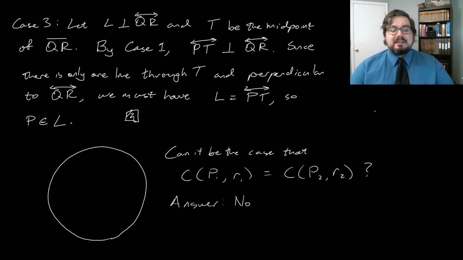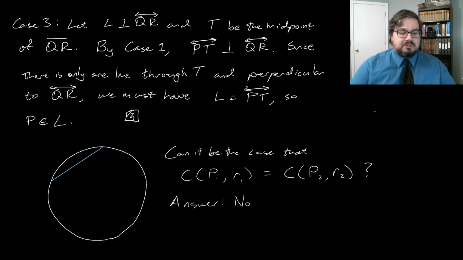And the way to see that is to see that we can actually determine the center of the circle just by knowing the points on the circle in the following way. We can create a chord of the circle. It can be any chord that we want. And we'll take the midpoint. We know how to find the midpoints of segments. And then we know that there is some line through this chord which is perpendicular to it.